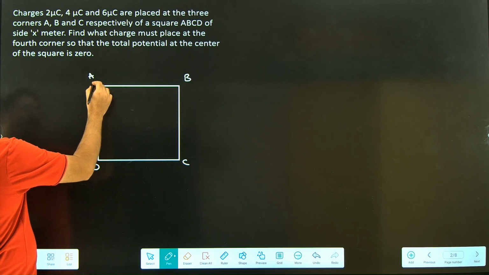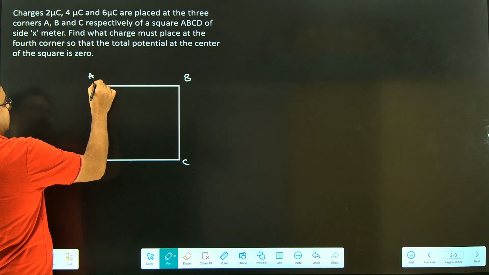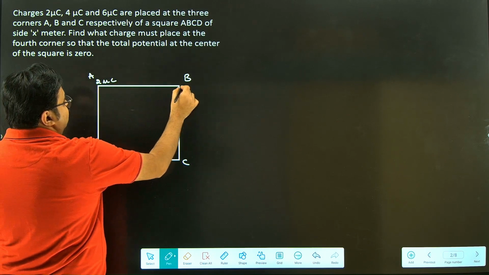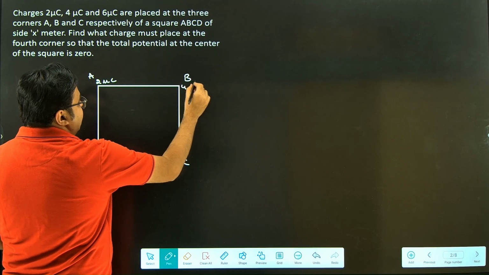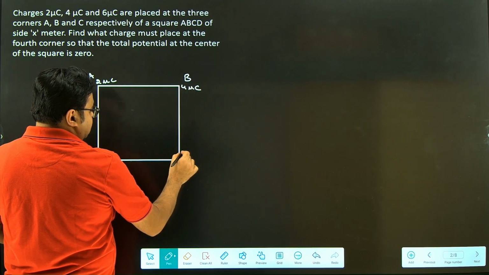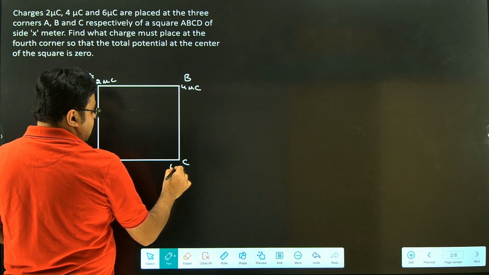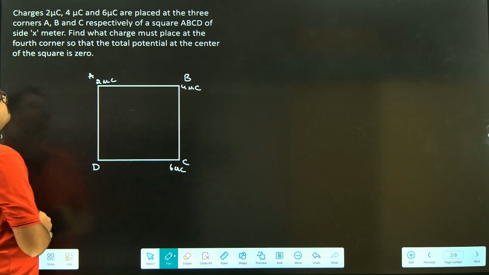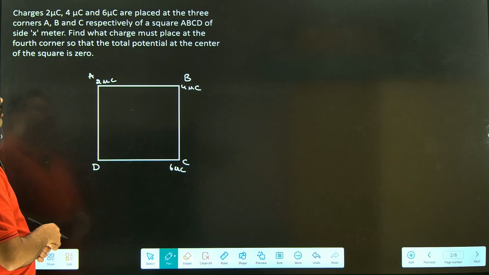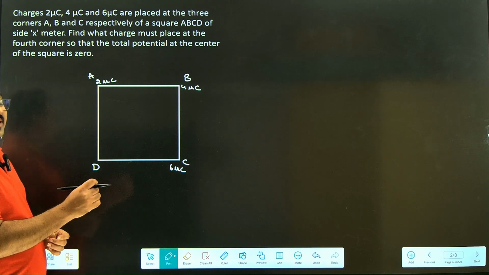There is a 2 microcoulomb charge placed at A, a 4 microcoulomb charge placed at B, and a 6 microcoulomb charge placed at C. Find what charge must be placed at the fourth corner so that the total potential at the center of the square is 0.